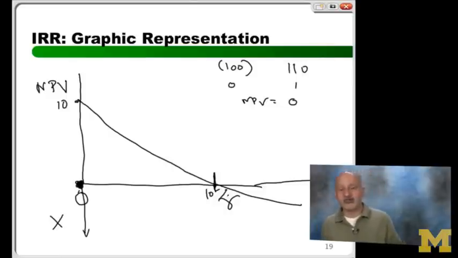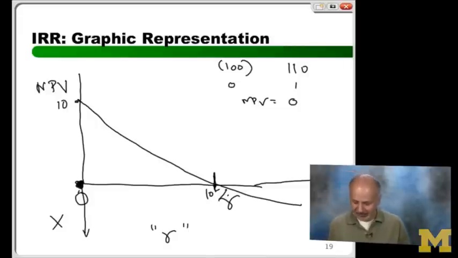What has this told me? One simple fact, that my project is going to make a 10% rate of return. However, that doesn't mean anything by itself. Now I know that I have to compare it to whom? The cost of capital, R. What are other people making? So look what happens.